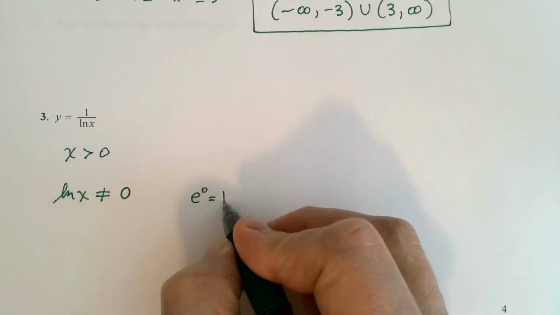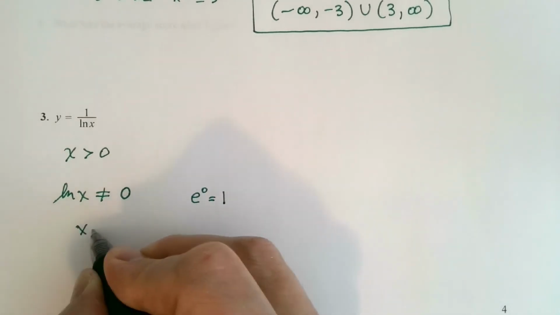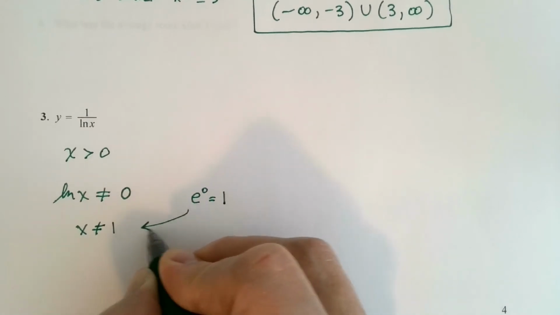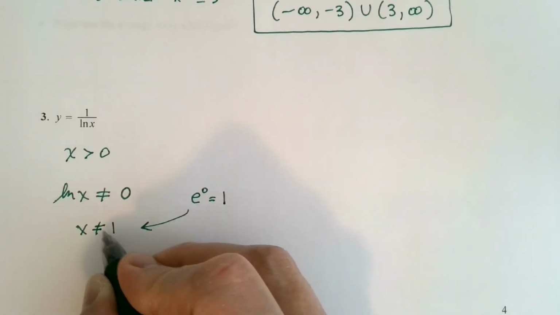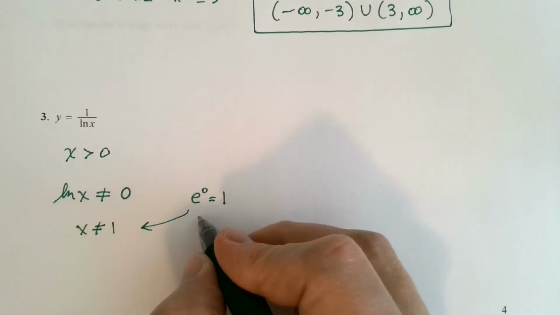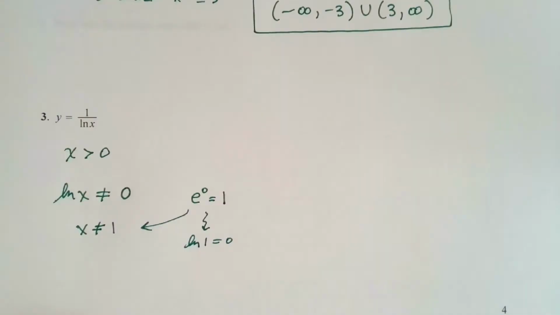That is 1, right? So that means that my x cannot be 1, because if my x was 1, the natural log of 1 would be 0. Natural log of 1 is equal to 0.